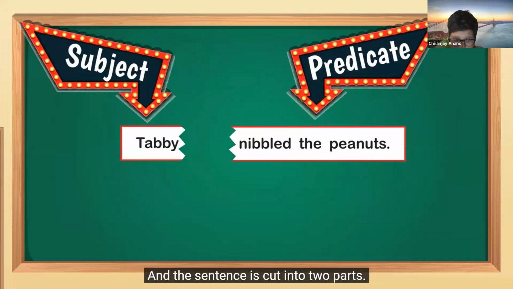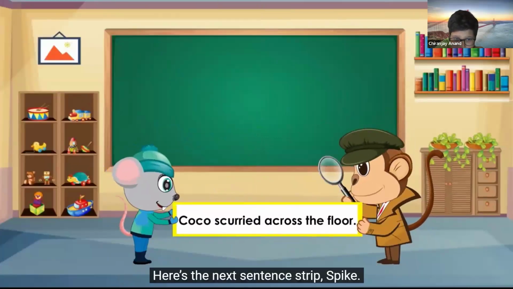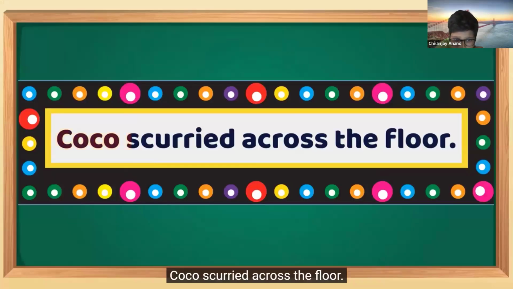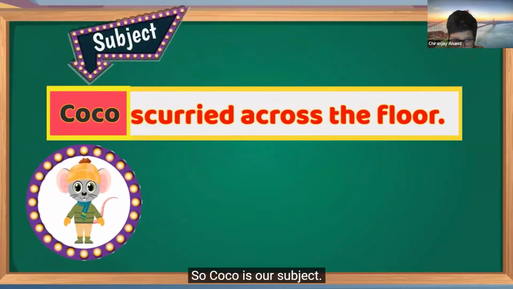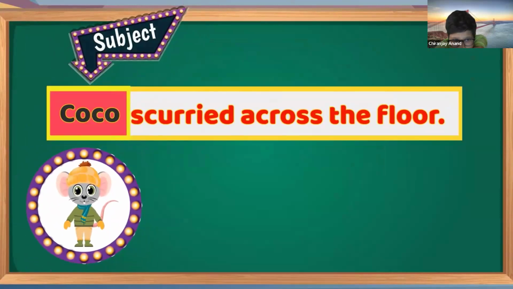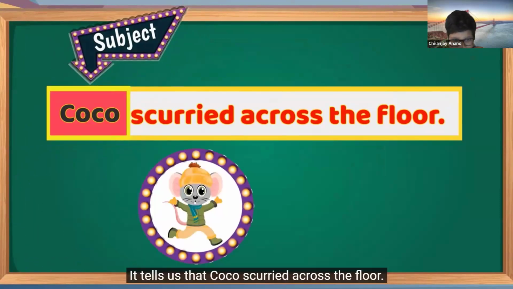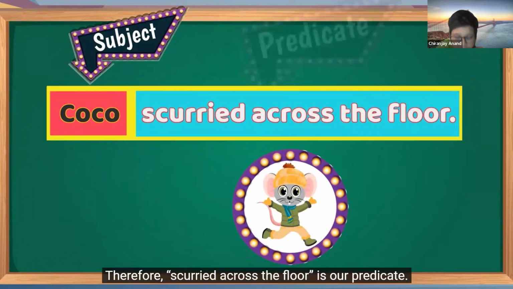And the sentence is cut into 2 parts. Here's the next sentence strip, Spike. Coco scurried across the floor. Who is the sentence about? Coco. So Coco is our subject. What does it tell us about Coco? It tells us that Coco scurried across the floor. Therefore, scurried across the floor is our predicate.